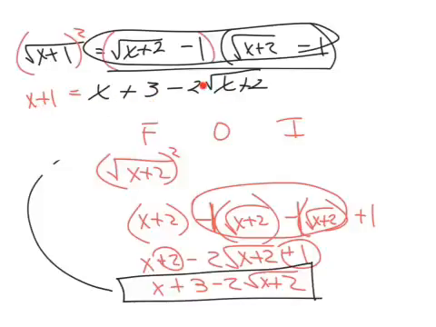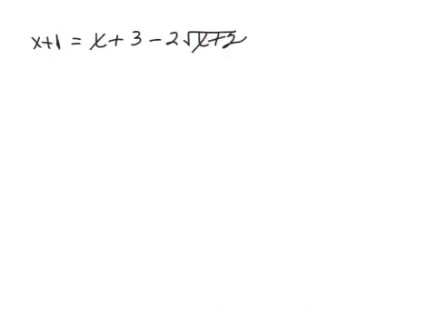Now we need to get our radical over here, the square root of x plus 2, by itself. So we have to get rid of all this. So we're going to move it all over there. So I'm going to get rid of all of this and just have this equation right there. Okay, there it is. Alright, let's go ahead and move all of this over, one step at a time. Subtract x from both sides. That gets rid of my x.